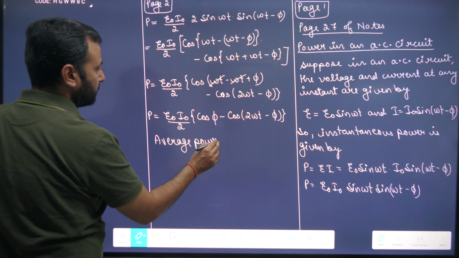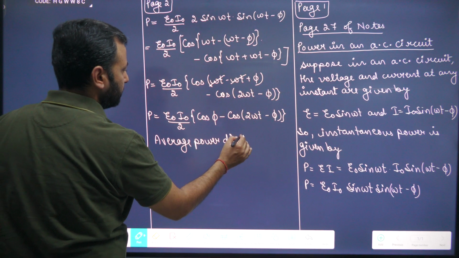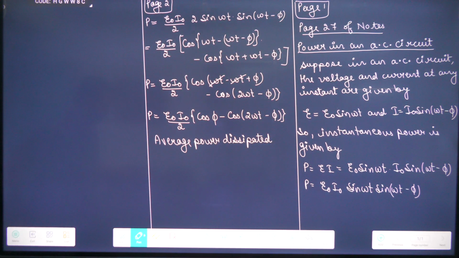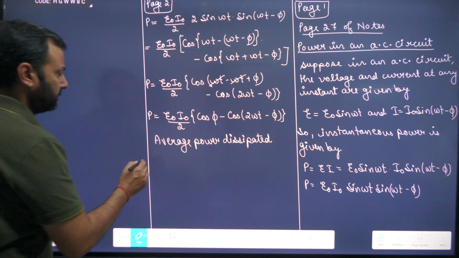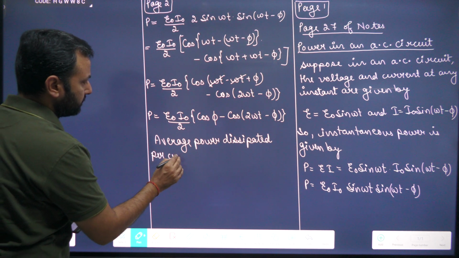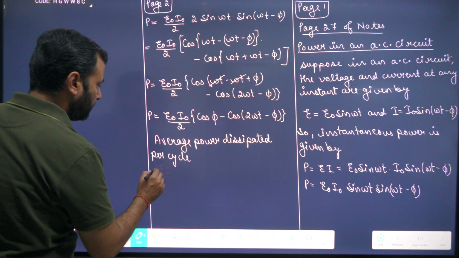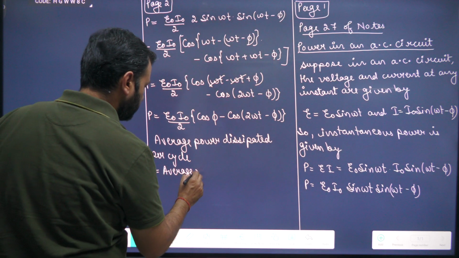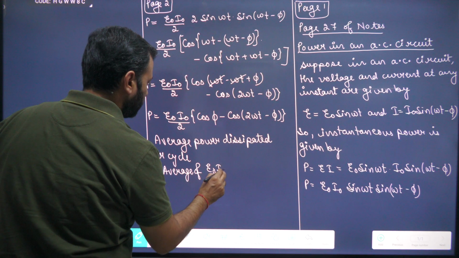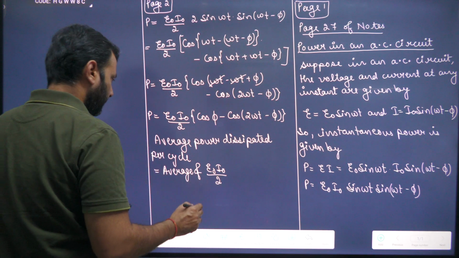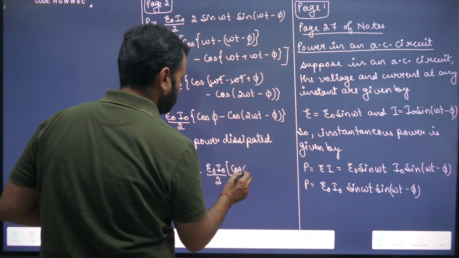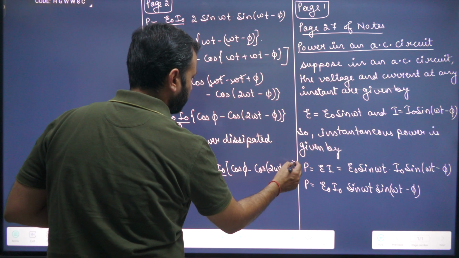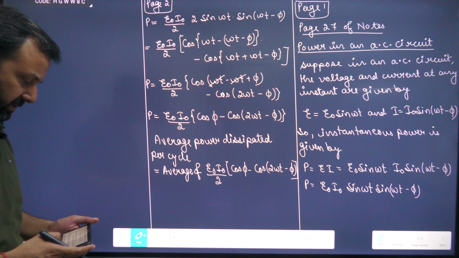Average power dissipated per cycle is equal to the average of E naught I naught upon 2 multiplied by cos phi minus cos 2 omega t minus phi.